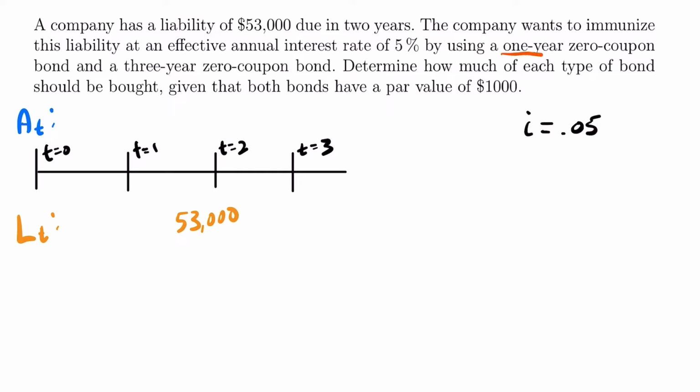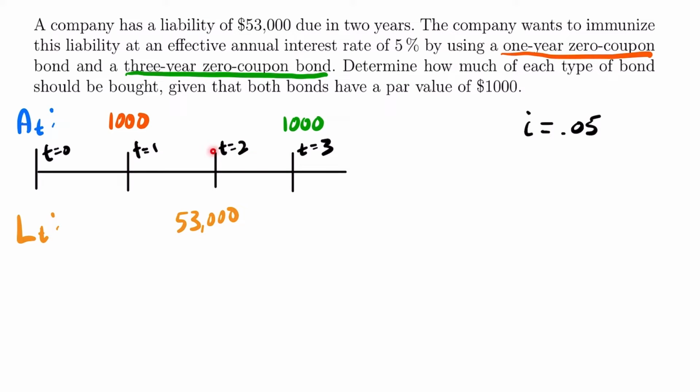So for the 1-year zero coupon bond, we're going to have $1,000 come in at time equals 1. And in the same way, the 3-year zero coupon bond, which also has a par value of $1,000 and is redeemable at par, will result in a payment of $1,000 at the end of year 3. So we'll have another $1,000 payment right there for that bond.